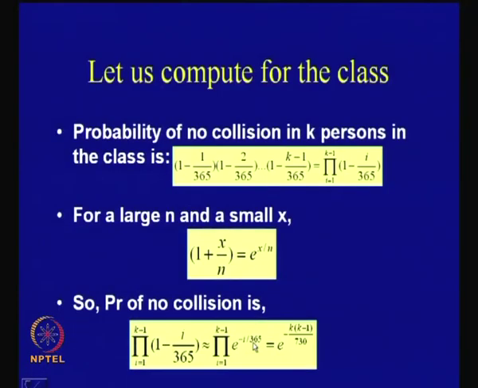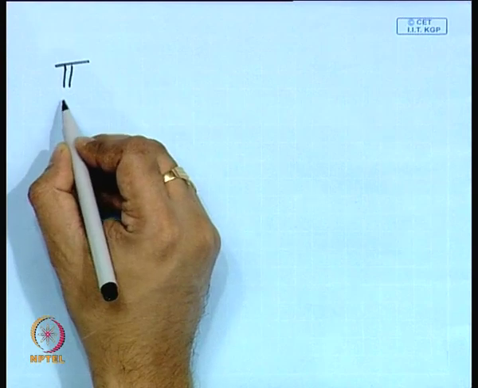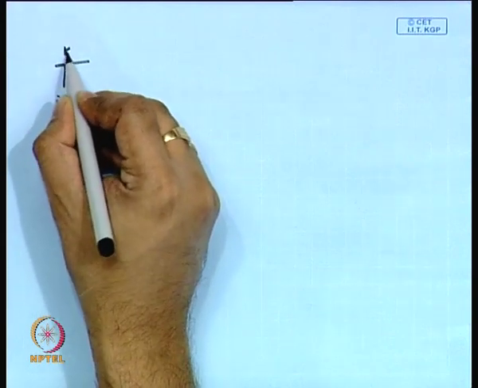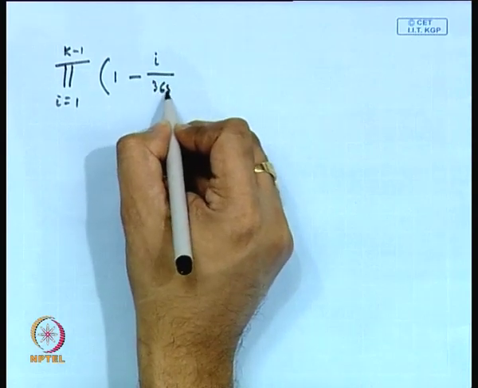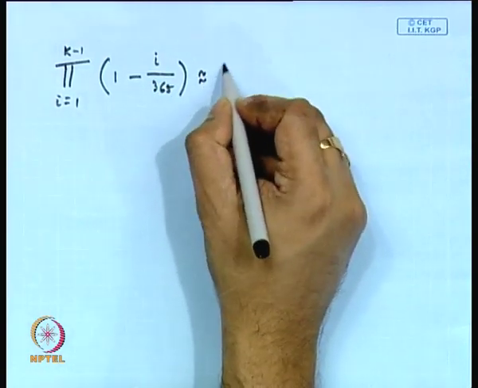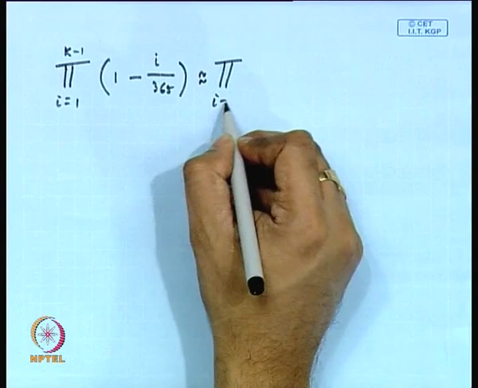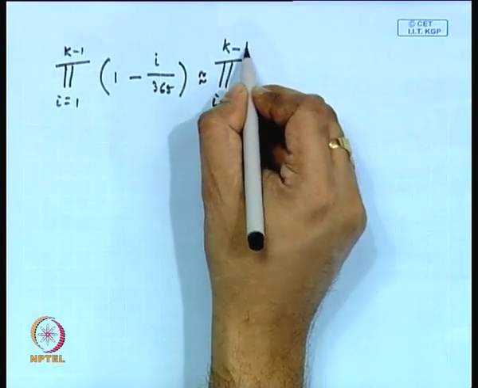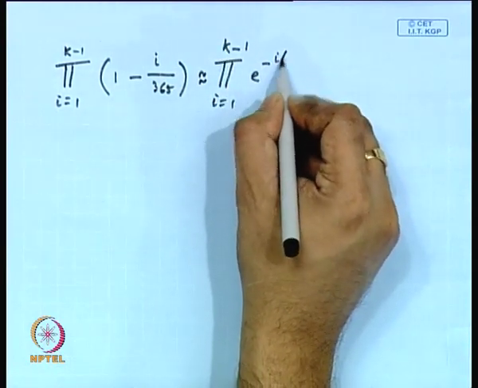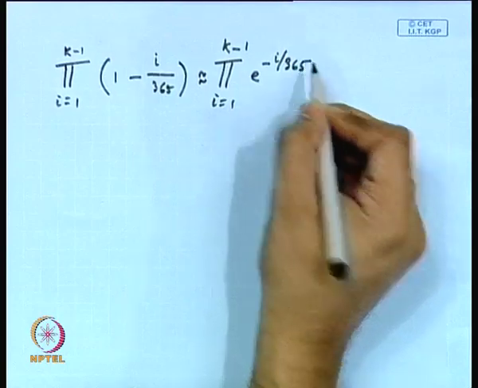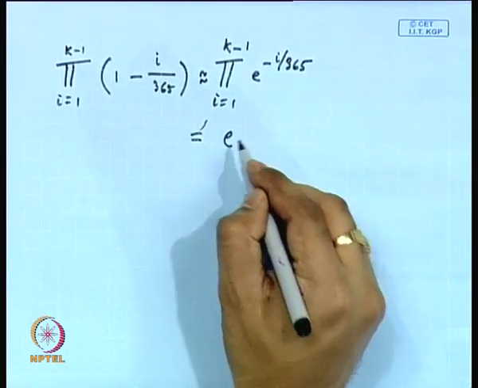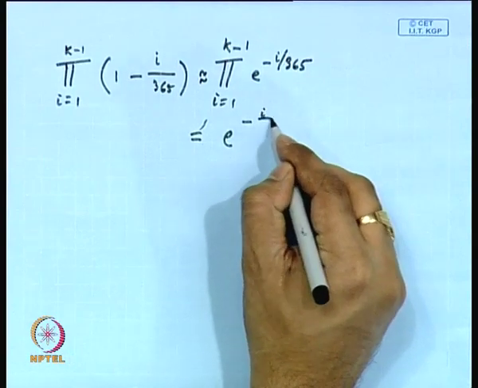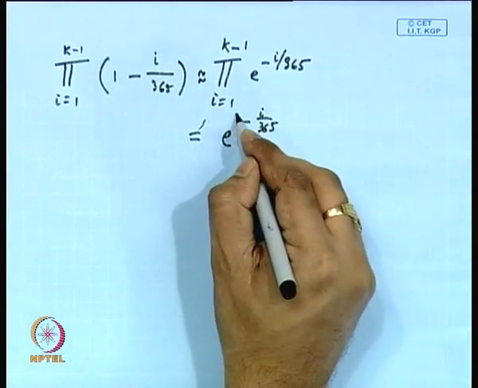See, what we are doing is this: for i equal to 1 to k minus 1, we multiply 1 minus i by 365. Using the approximation, this is the product over i equal to 1 to k minus 1 of e to the power of minus i by 365. Then in the power we do a summation.